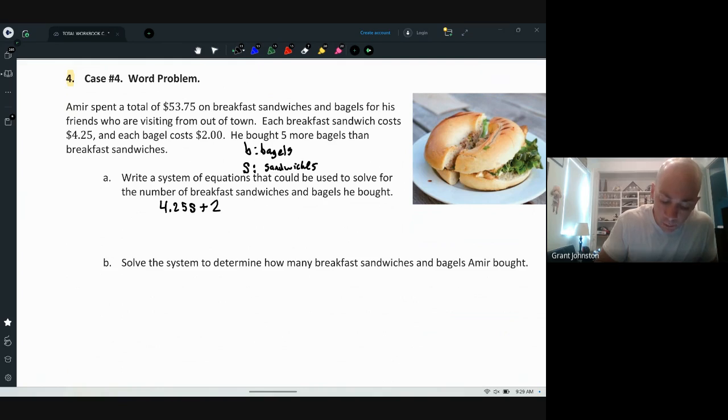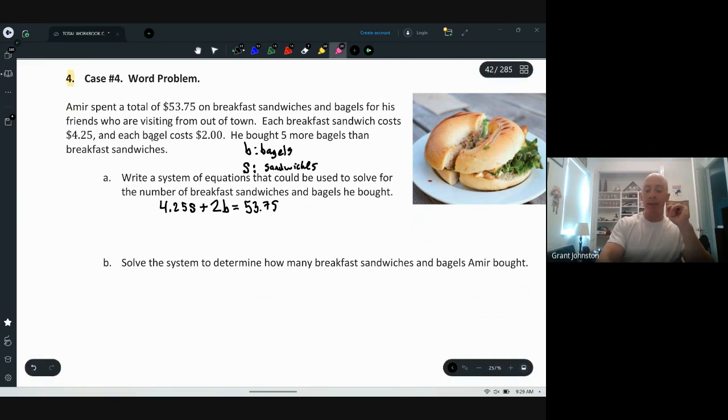So 2B equals a total of $53.75. So this first equation I kind of like to call my money equation. It's $4.25 per breakfast sandwich, so 4.25S. And then it's $2 per bagel, so 2B equals $53.75.